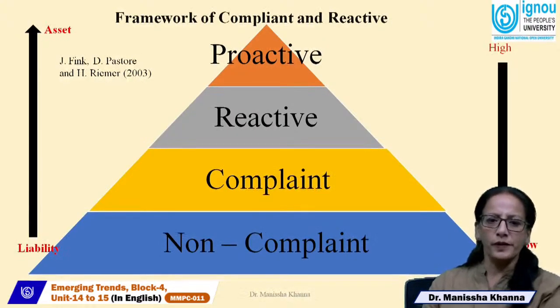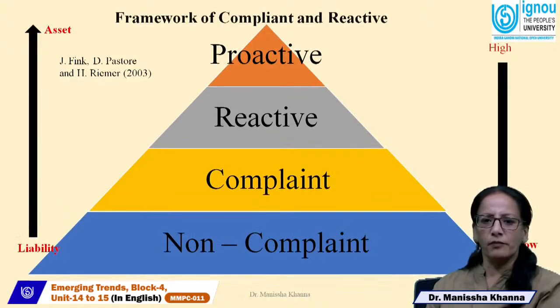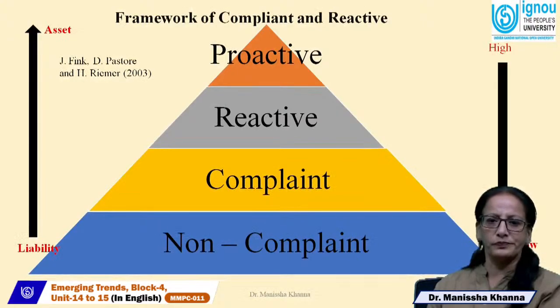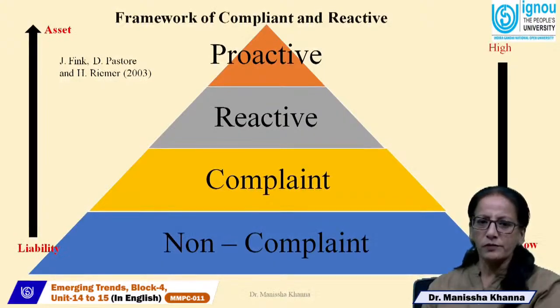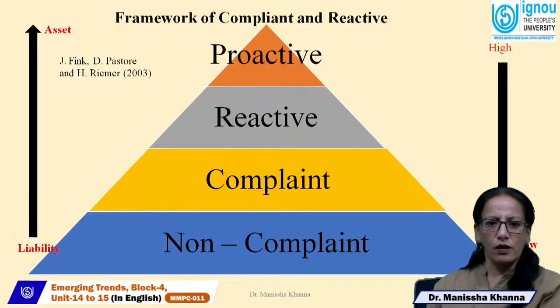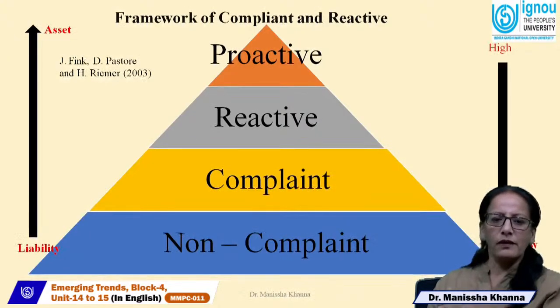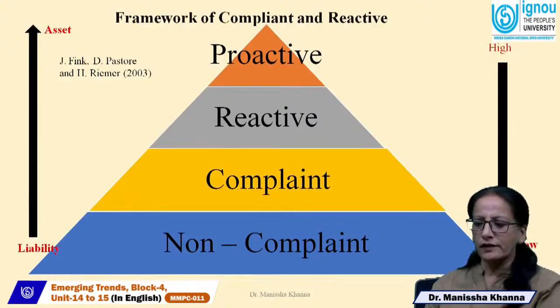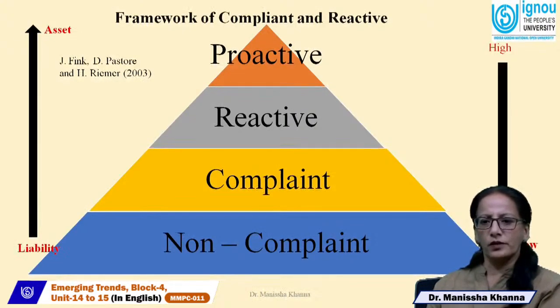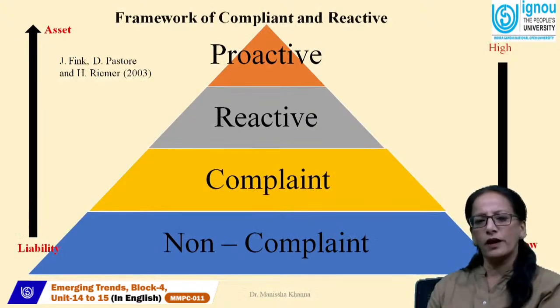If you see this pyramid, there are non-compliant people, compliant people, reactive people and proactive people. At the lowest bottom, there is an arrow which shows liability to asset, and the other arrow shows from high to low.